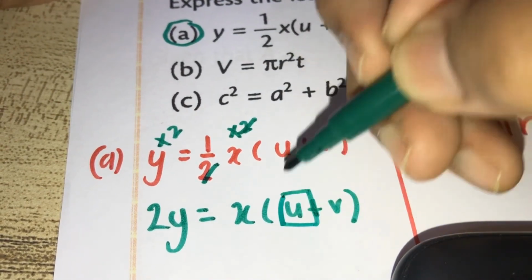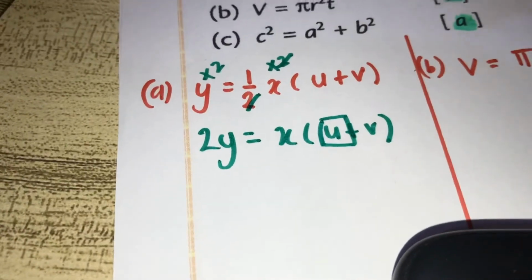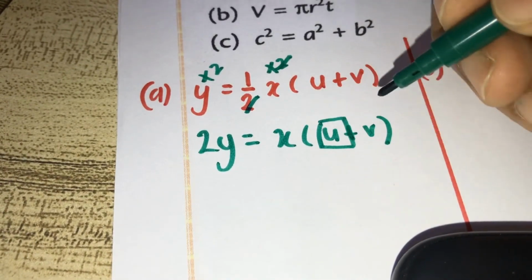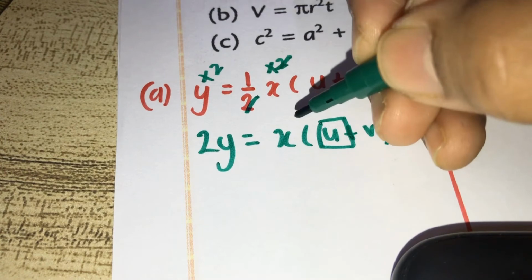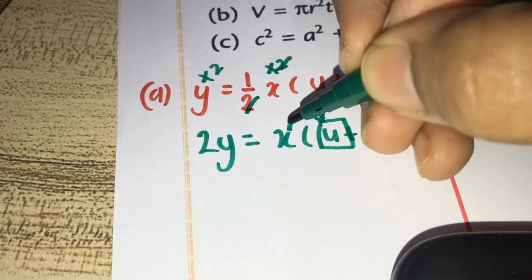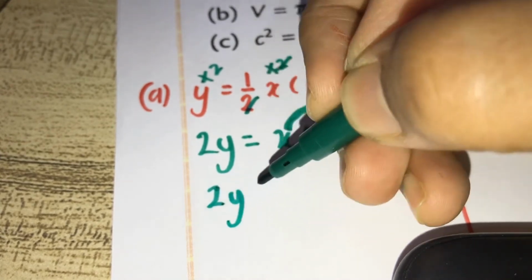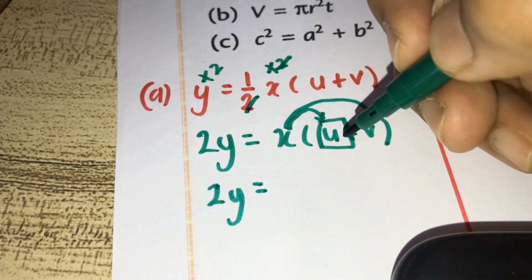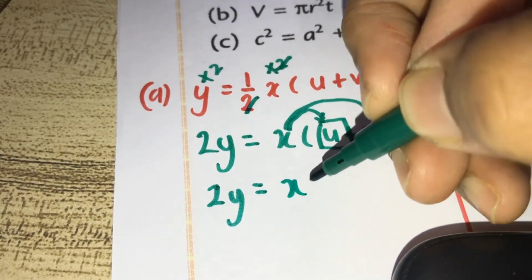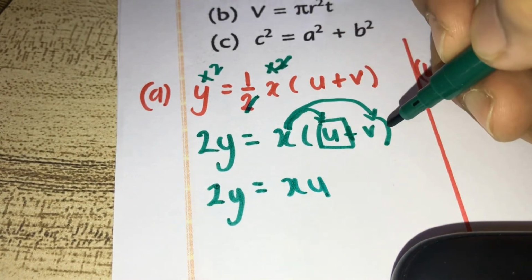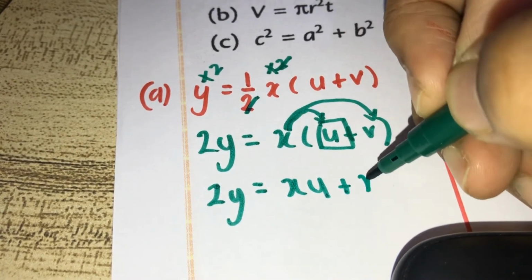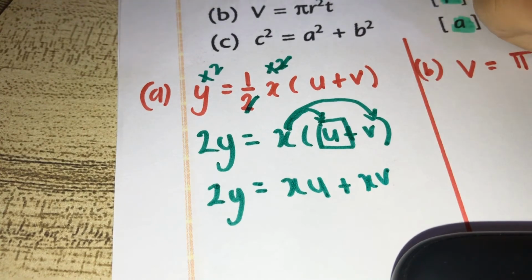Before that, if you have the bracket, you have to expand. Expand this. So copy 2y equal to x times u, you get xu, x times v, you get xv.